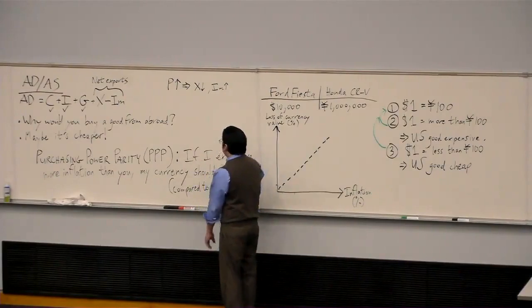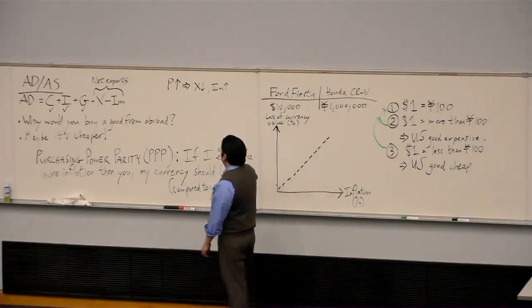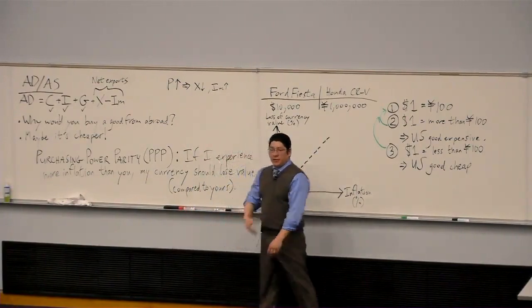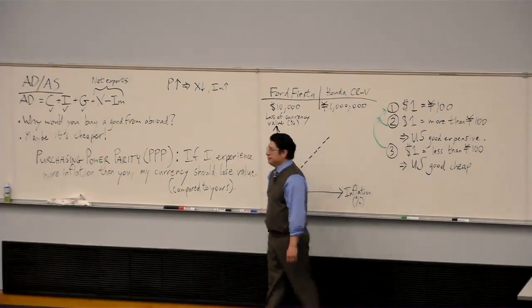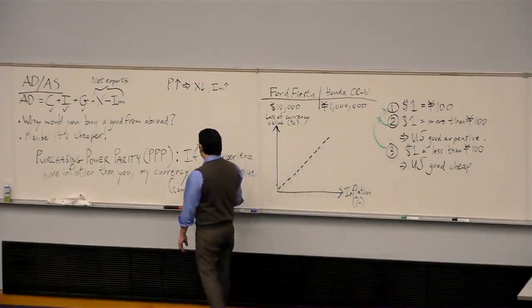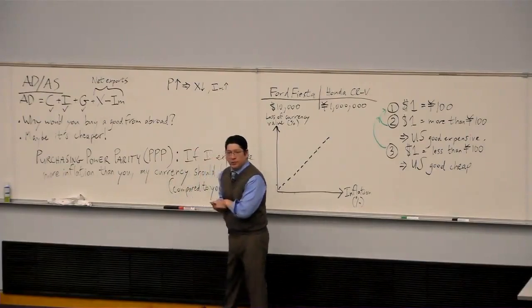So what is this saying? This is saying that to the extent that exports and imports respond to the price level, they're contributing to the downward slope of the aggregate demand curve. Okay? Any questions or comments or thoughts?